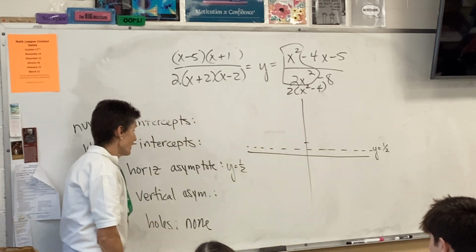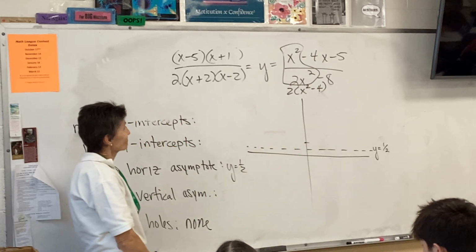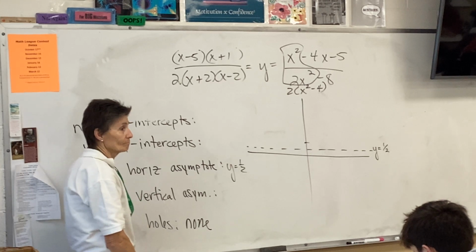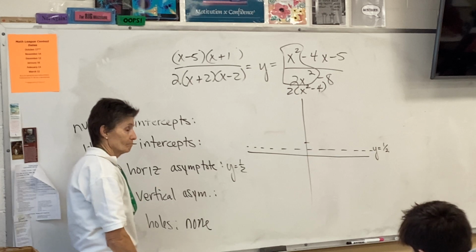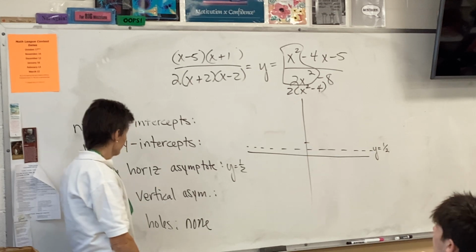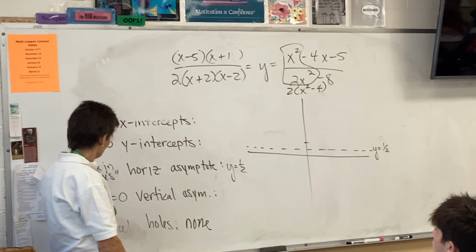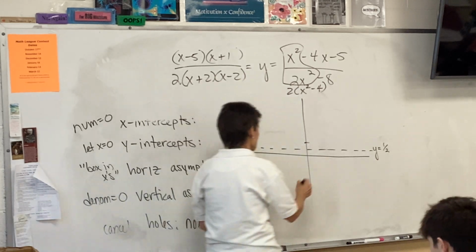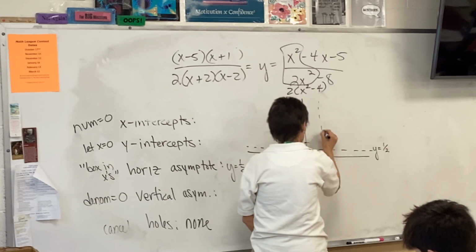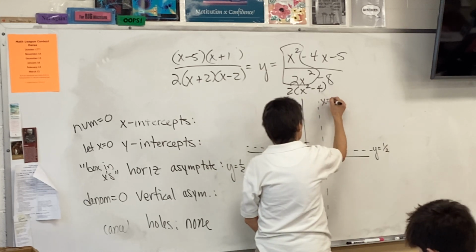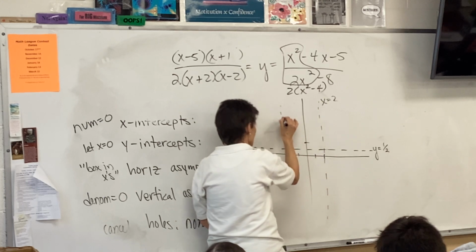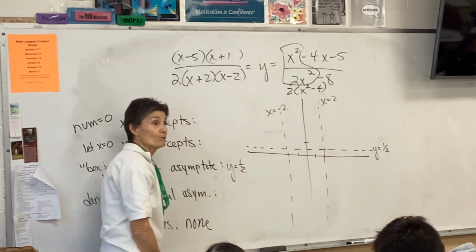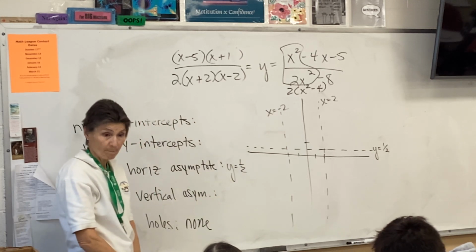Okay, what else do I have? The vertical asymptotes are at x equals 2 and x equals negative 2. Because where do vertical asymptotes come from?